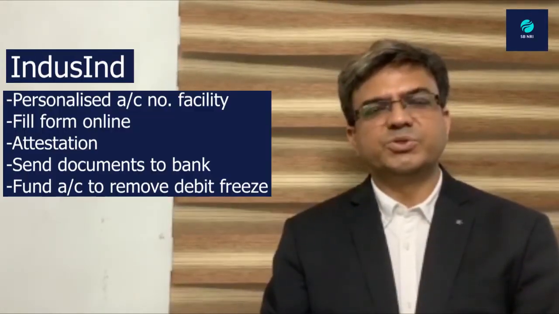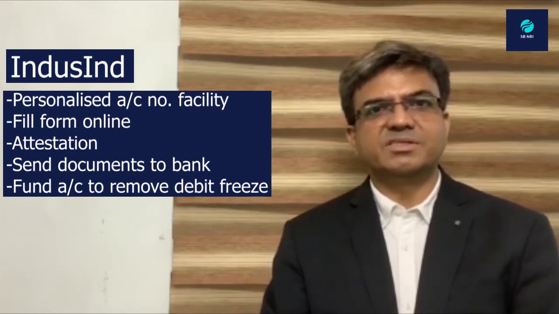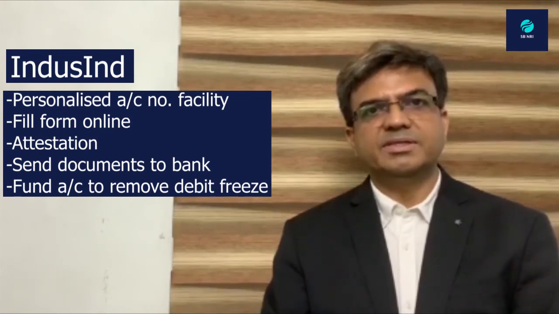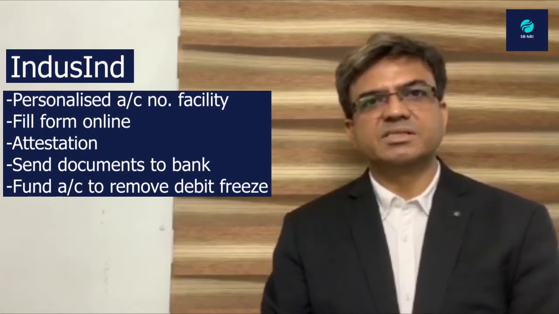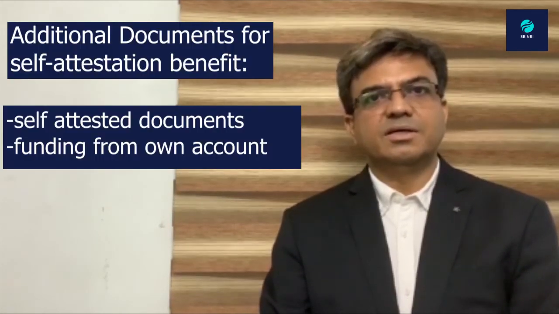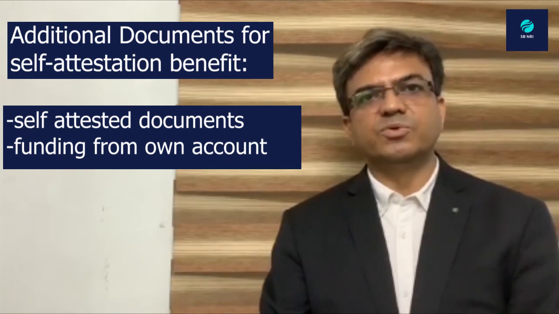Second example is of IndusInd Bank. Now, IndusInd Bank even helps you choose a personalized account number. This account opening process is OTP based, and once this process is completed, which is filling up the form online, taking a printout, pasting your photograph, signing all the relevant places, and attaching all the attested documents, which could be self-attested, supported by the original address proof, and the funding should come from your own account, or the attestation by a notary, Indian embassy, Indian bank, or a foreign bank with Indian presence.